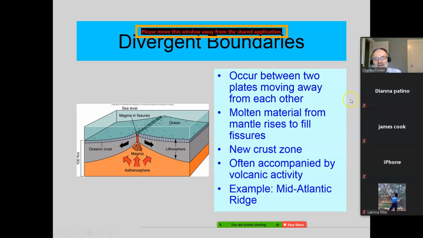You have ocean on either side, this is oceanic crust on either side. Now the oceanic crust makes up part of the lithosphere. The upper part of the mantle makes up the rest of the lithosphere. This is the Mohorovicic discontinuity between the crust and the upper part of the mantle.